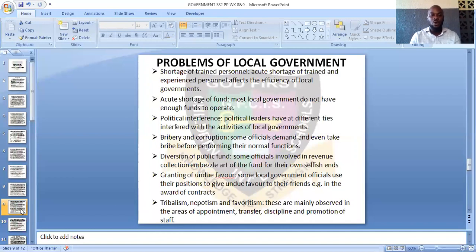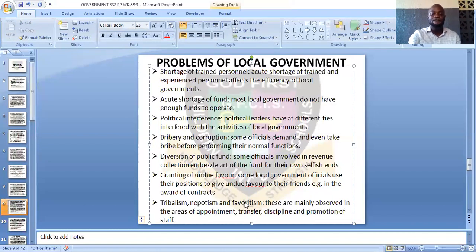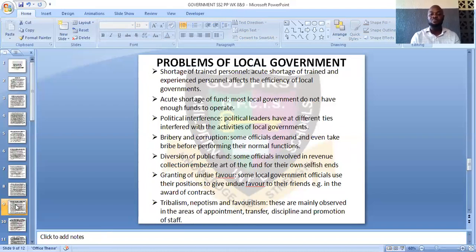Then the last one on the problems of local government is tribalism, nepotism, and favoritism. We all know that favoritism, nepotism, and tribalism are among the issues we are battling with in this country today. The government is now a government of party, a government of "I'm Yoruba, you're not Yoruba, I can't give you a job. You're Hausa, and I'm Igbo, I only give contracts to Igbo people."